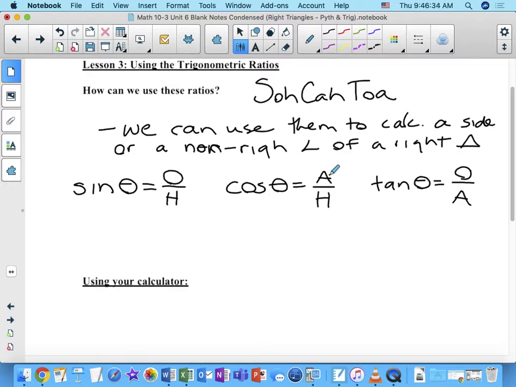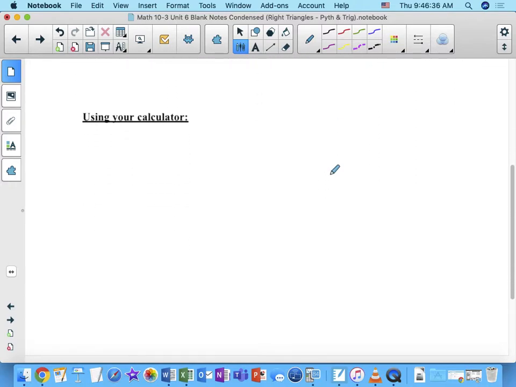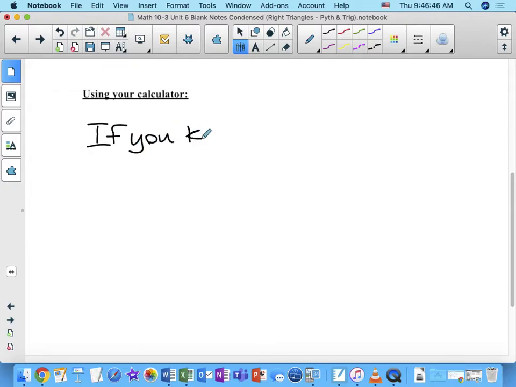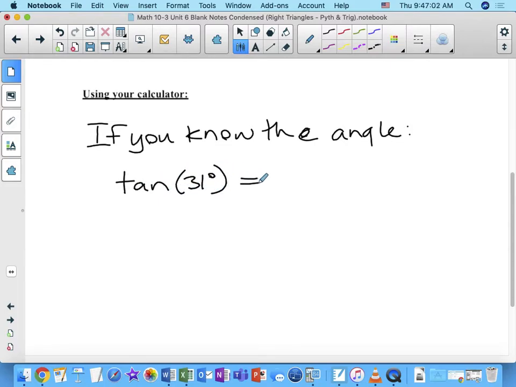Okay, now we already talked a little bit about the calculator. How do you use it? If you know the angle, you just go like tan of 31 degrees, for example, equals, and you're going to get the ratio, 0.6.